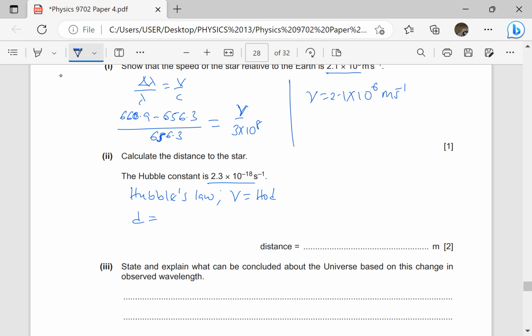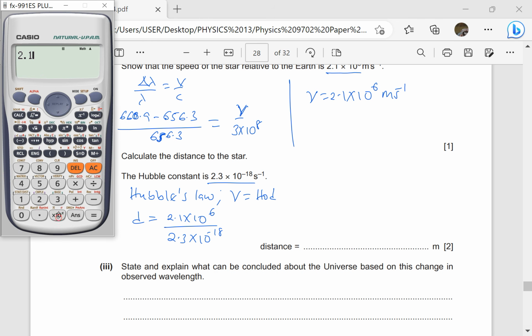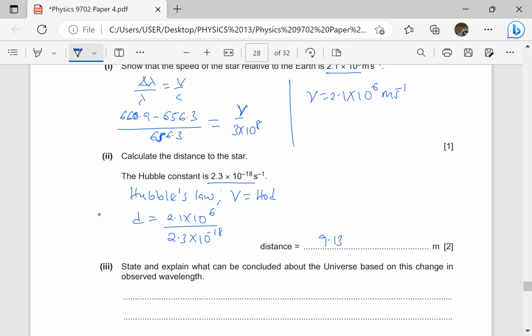So the distance is going to be the speed, which is 2.1 times 10 power 6, divided by Hubble's constant, which is 2.3 times 10 power negative 18. So 2.1 times 10 power 6 divided by 2.3 times 10 power negative 18. So this is 9.13 times 10 power 23 meters.